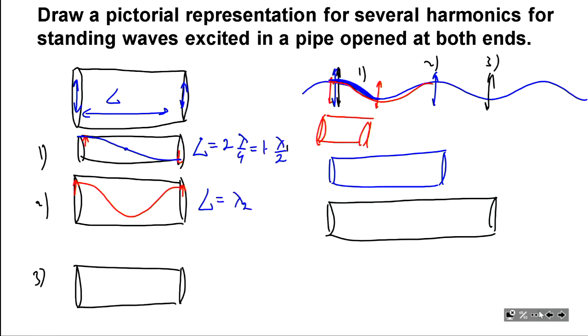This is the wavelength number 2, which can be fit. But we want to write it differently. We want to write it in terms of halves. Now, next one. Up and again down. So we need to add one more half of a wavelength.